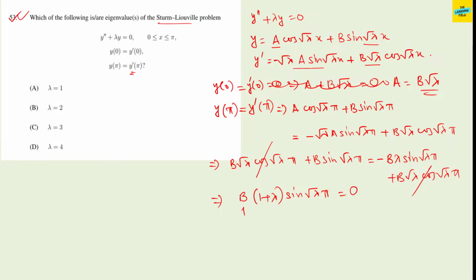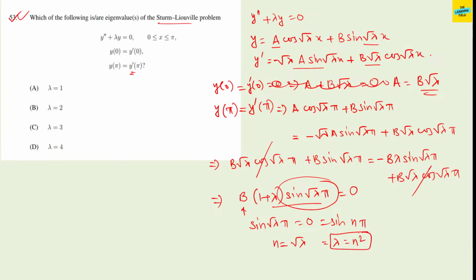Now if b equal to 0, then we get the trivial solution, but we are not interested in the trivial solution. Therefore we are interested in the non-trivial solution. Therefore we write from here sine root lambda pi equal to 0, equal to sine n pi. That means if we compare both sides, then n equal to root lambda, that is lambda equal to n square, and we all know that n belongs to Z plus.